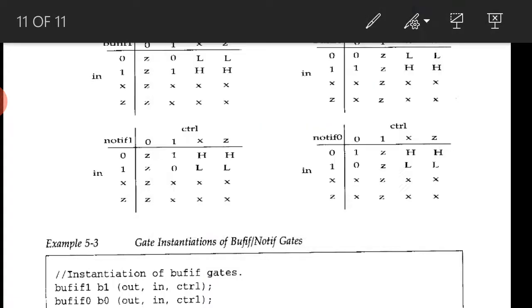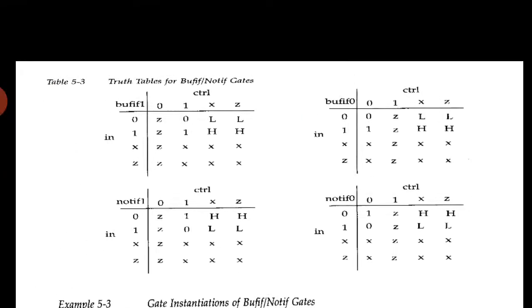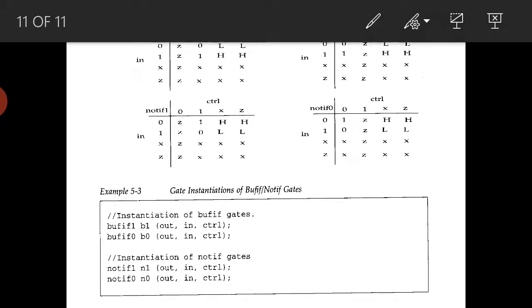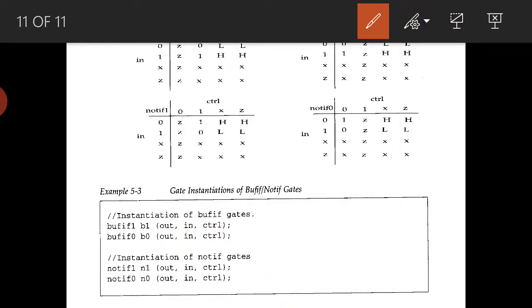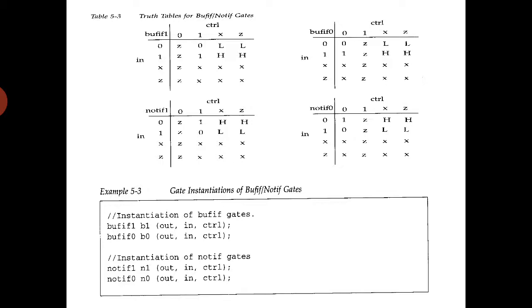As we have seen, there are 8 types: low, high, medium, and pull, supply, whatever it is. So this will represent L means low, H means high, and whatever for input X and Z. Similarly for Z also, 0 means L, 1 means H, and X.